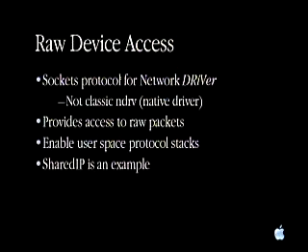There is another thing that we added in Darwin, which is the network NDRV, the PF NDRV. For people coming from Mac OS 9, I want to mention it has nothing to do with NDRV, the native driver from Mac OS 9. It's really the network driver here. What it gives you, from the socket level, is access to all the raw packets.